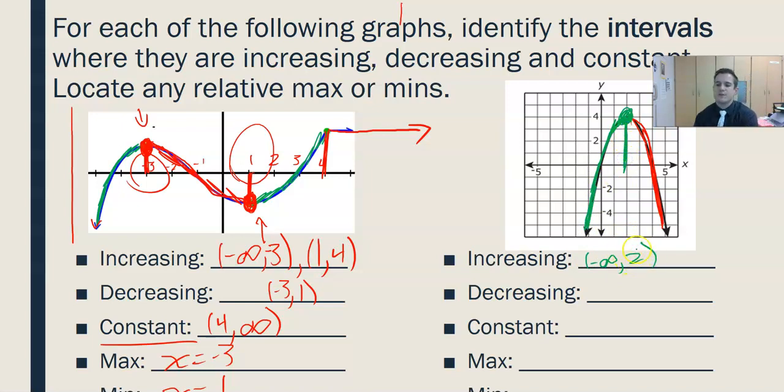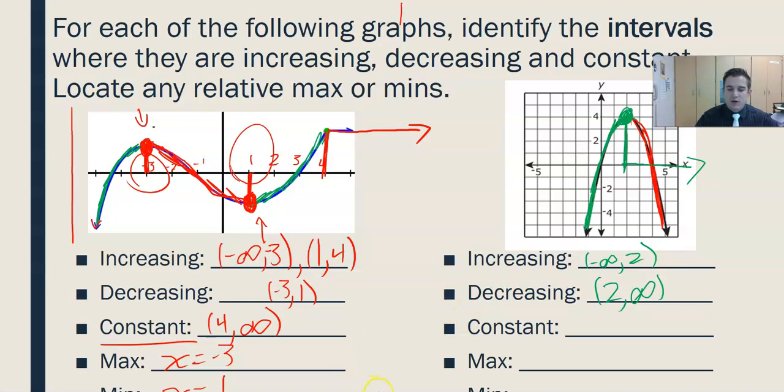So I'm increasing from -infinity to 2. I'm decreasing from that point all the way over to positive infinity. So I'm decreasing from 2 to infinity because as I keep going along this x-axis, I'm never again going to be increasing. It's going to be decreasing forever.